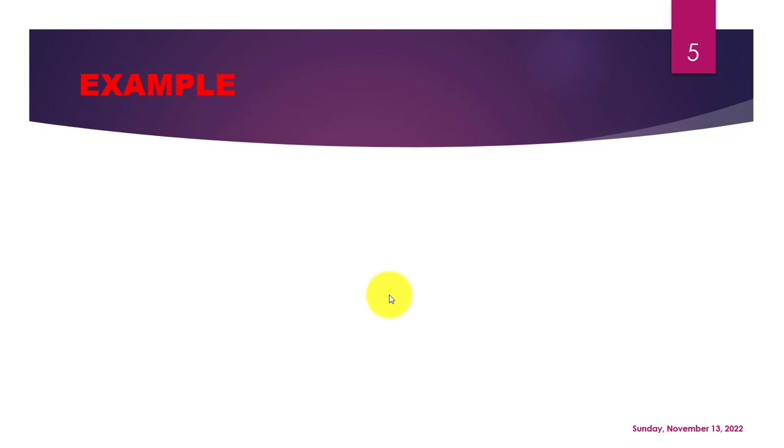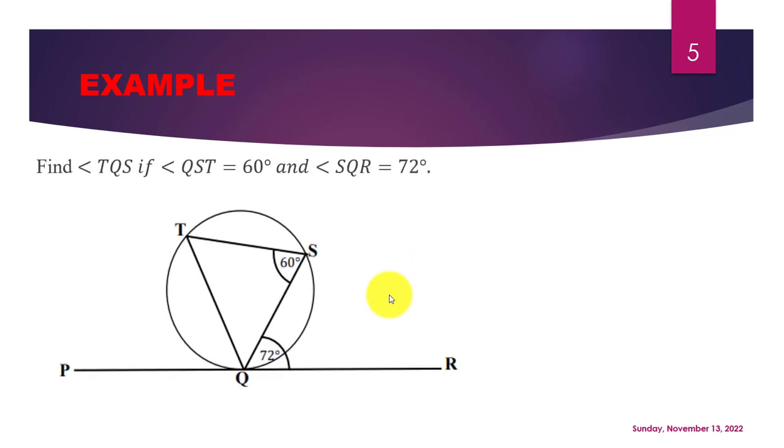So, dear students, let's take our first example under this particular theorem. We have a nice question on the screen. The question says: find angle TQS if angle QST is equal to 60 degrees and angle SQR is equal to 72 degrees.